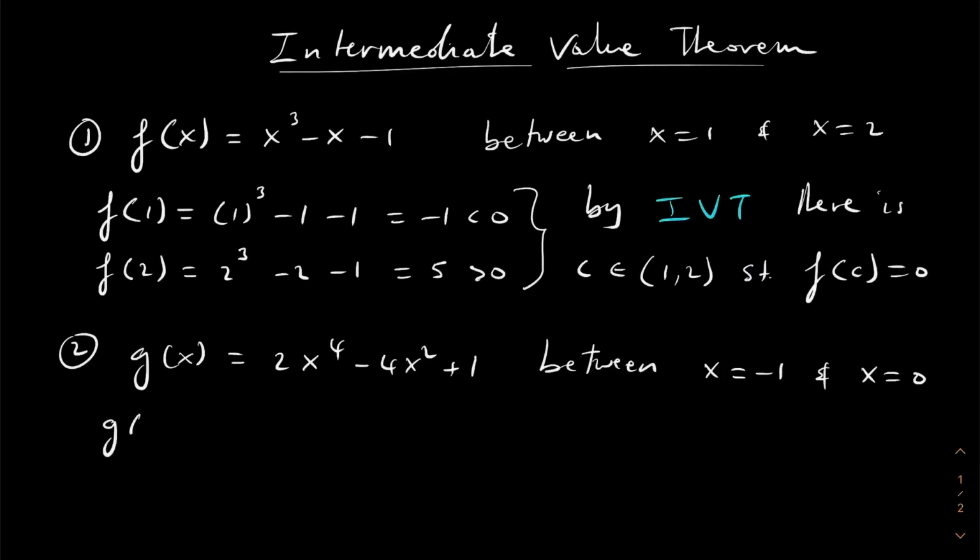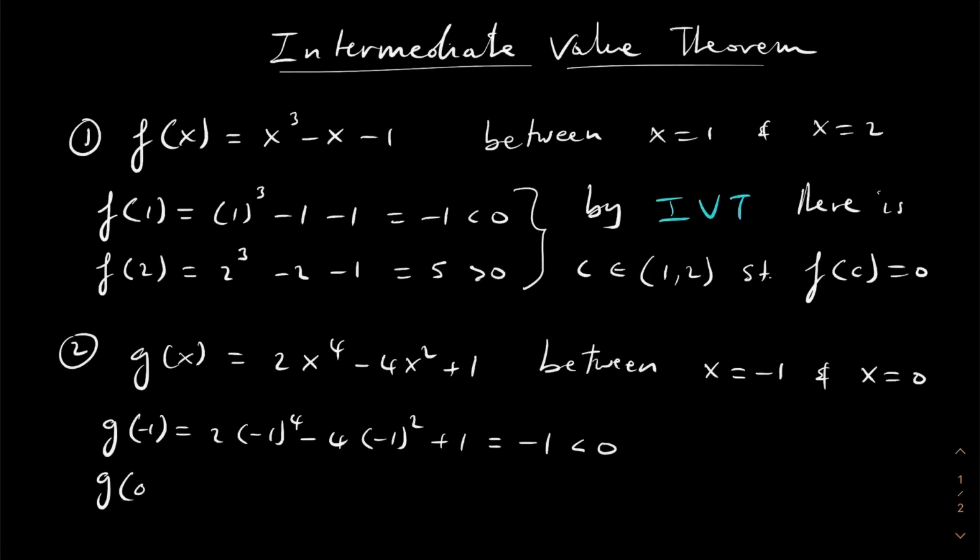And so if you figure out what g of negative 1 is, that's going to be 2 times negative 1 in parentheses raised to the power of 4 minus 4 times negative 1 in parentheses raised to the power of 2 plus 1. If you add this up together, you will get that this is equal to negative 1, which happens to be a negative number.